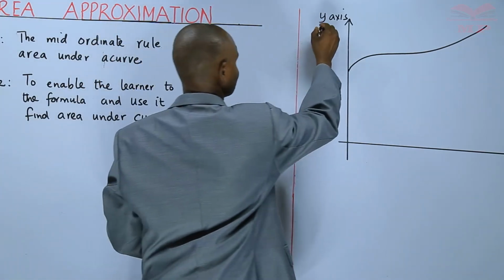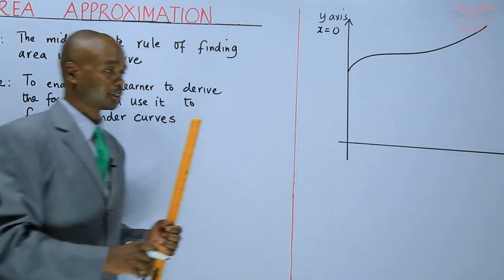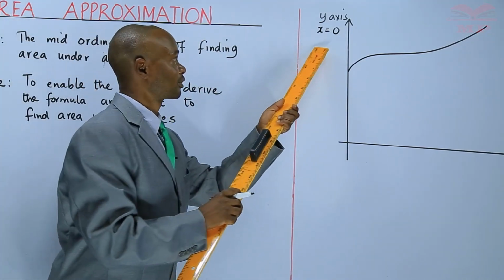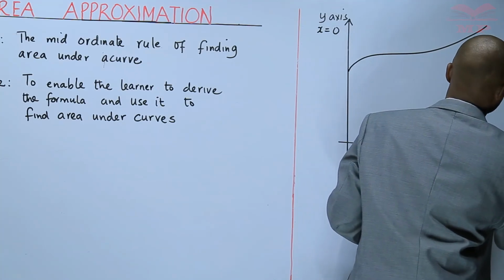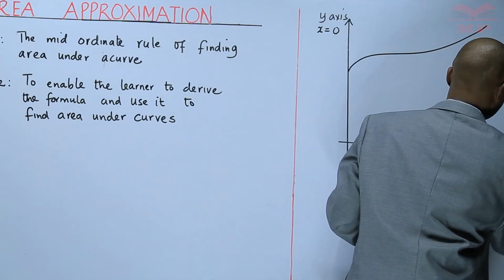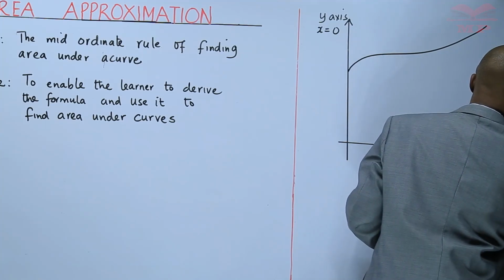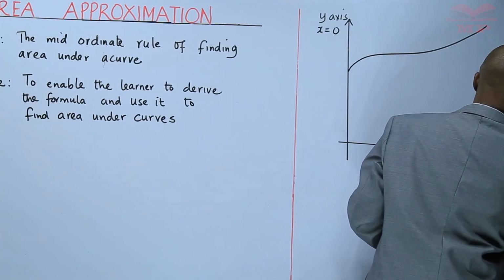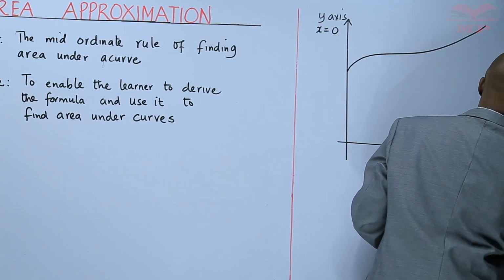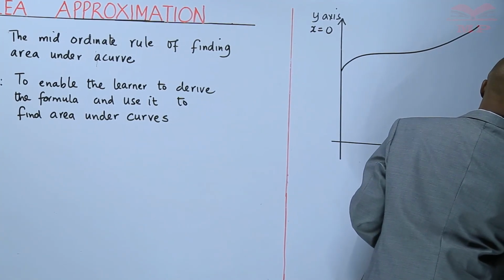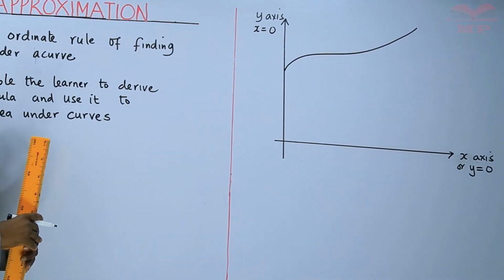Also, this line is known as x is equal to 0. So be careful, sometimes they talk of that. This is the line, the x-axis, or sometimes we call it the x axis.